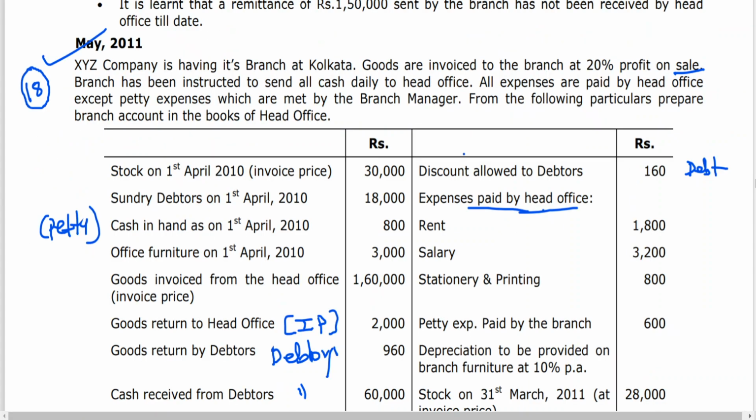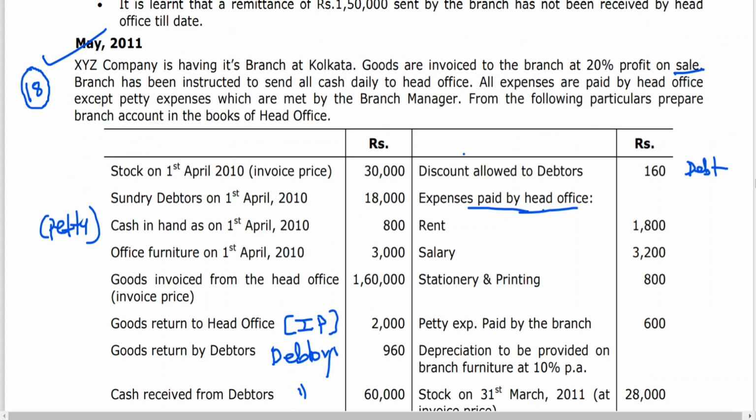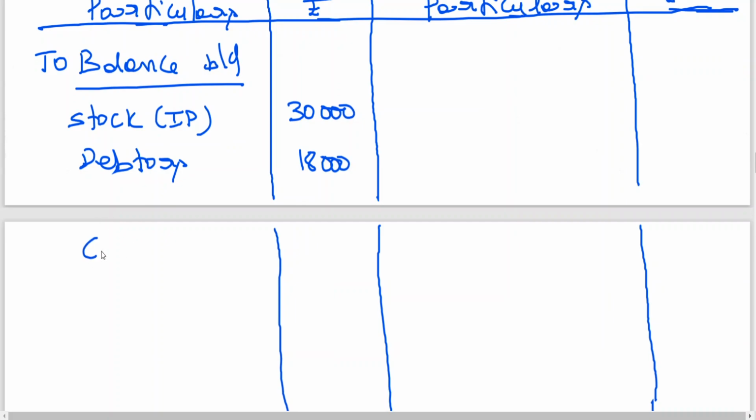Stock at invoice price 30,000. Then debtors 18,000. Cash 800.